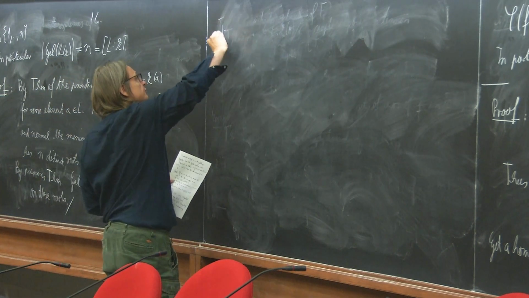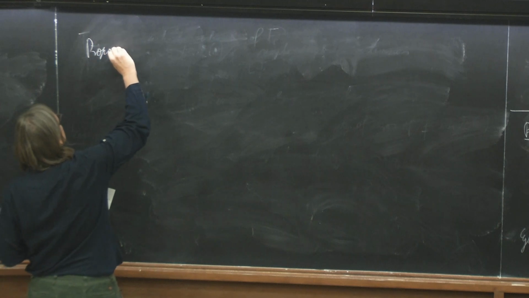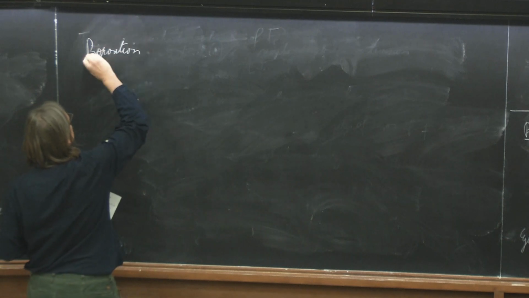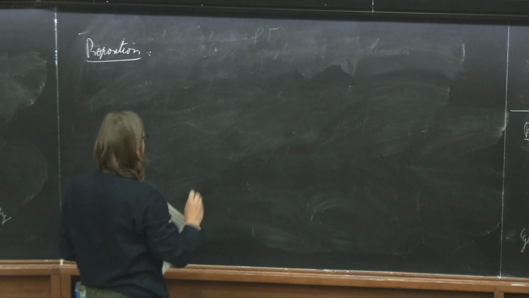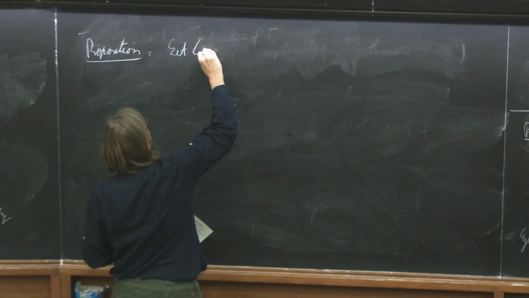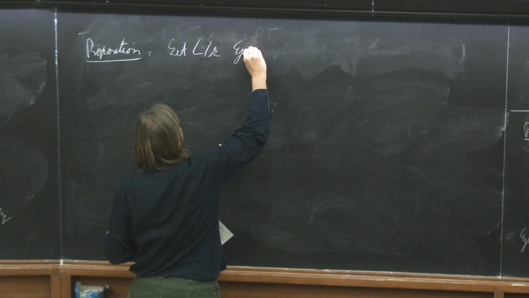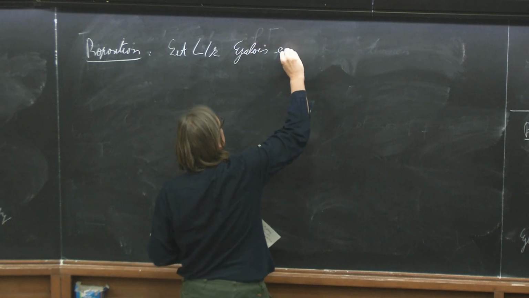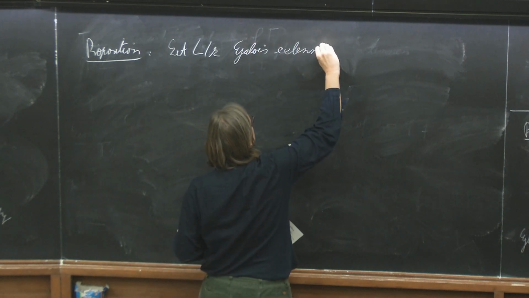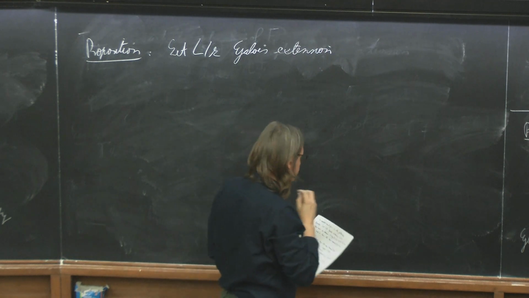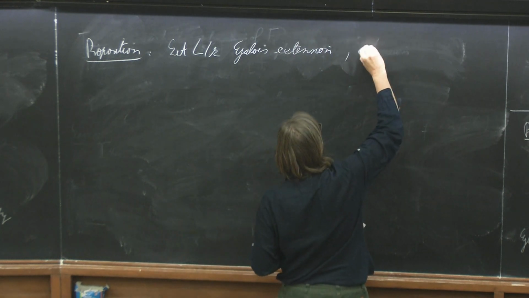So, proposition. Let L over K be a Galois extension, and we take two elements a and b in the bigger field.